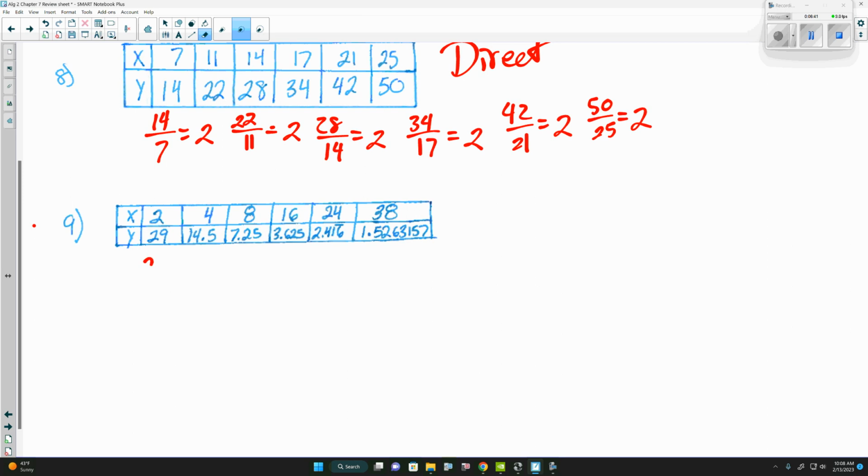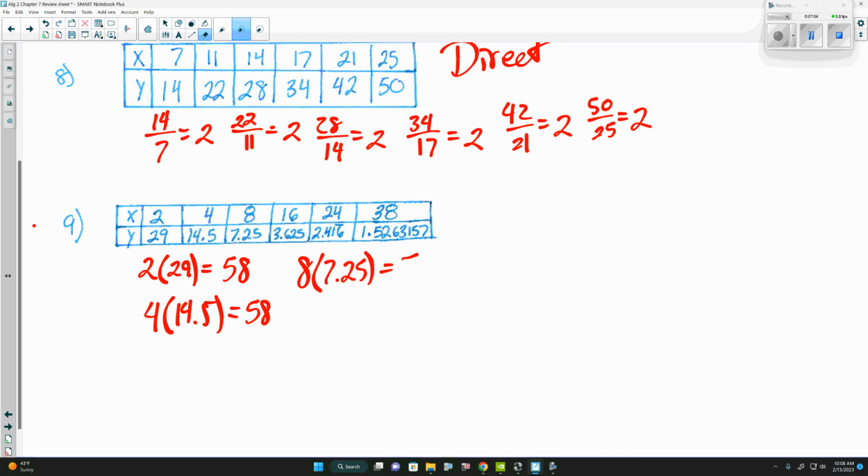Now the other option is to multiply them together. Now 2 times 29 is 58. 4 times 14.5 is 58. 8 times 7.25 is 58. 16 times 3.625 is 58.